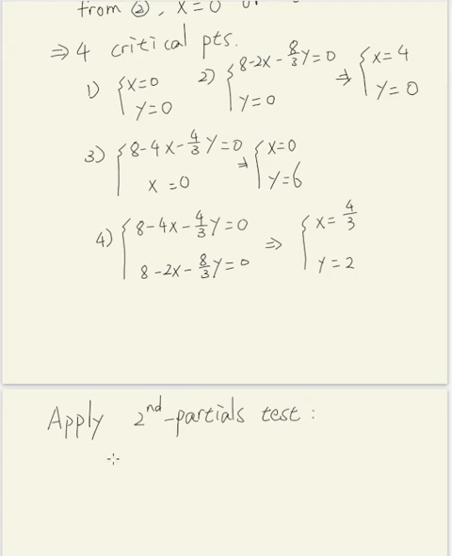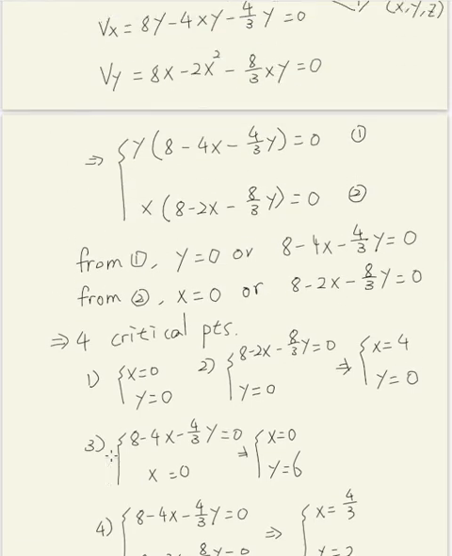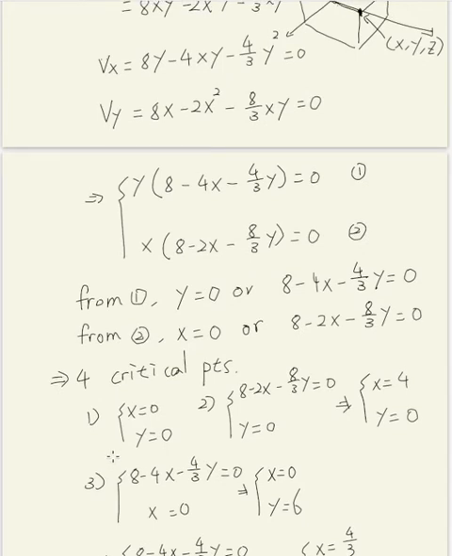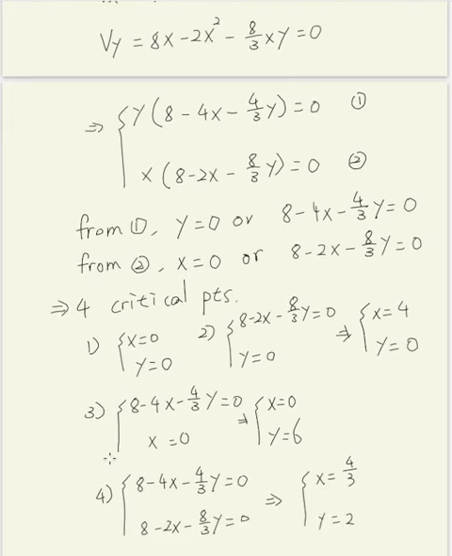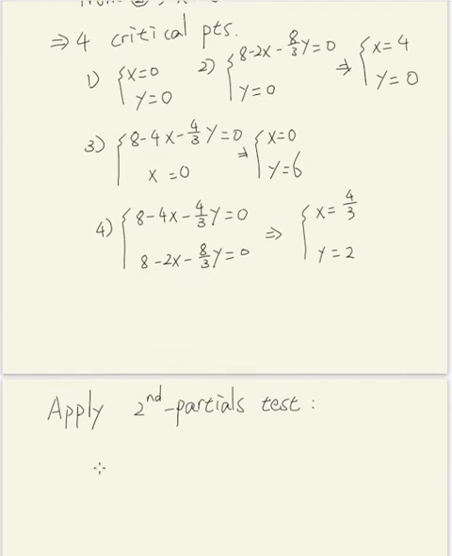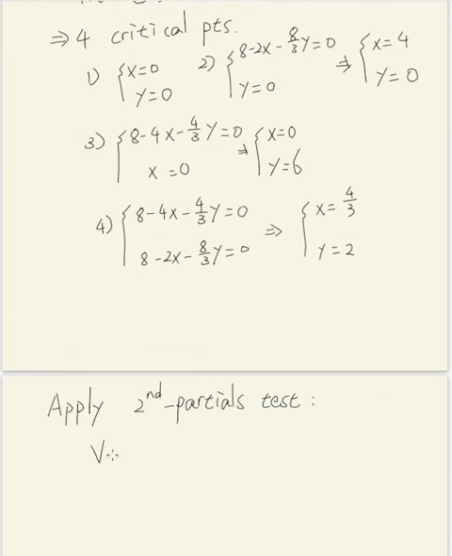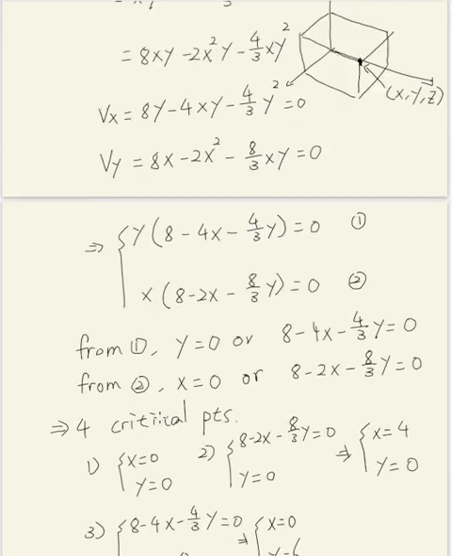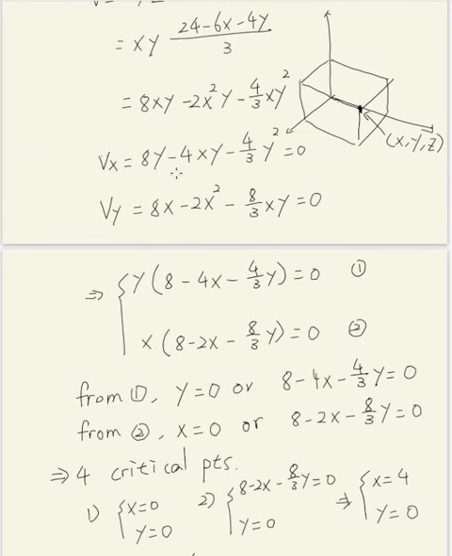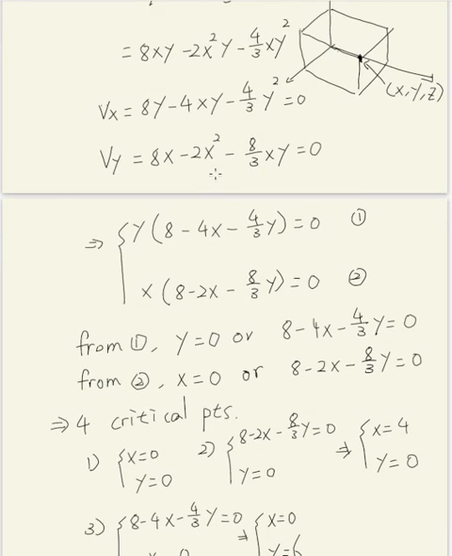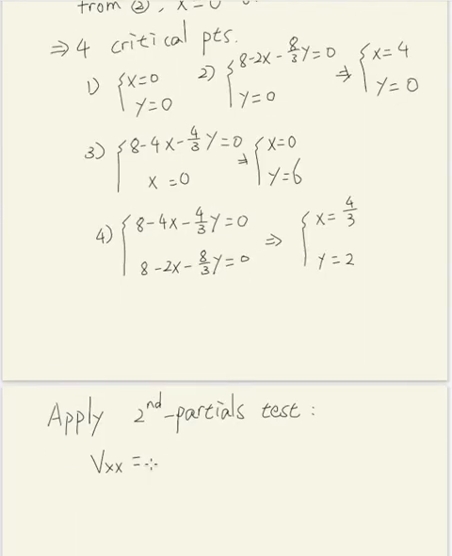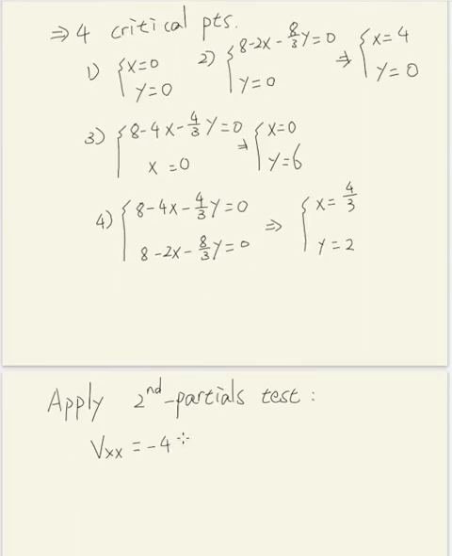All right, so we had V partial x and V partial y. We just need to compute the second order partial derivatives. V partial x partial x is, I have to go back to the equation, sorry, minus 4y. Seems quite simple, minus 4y.